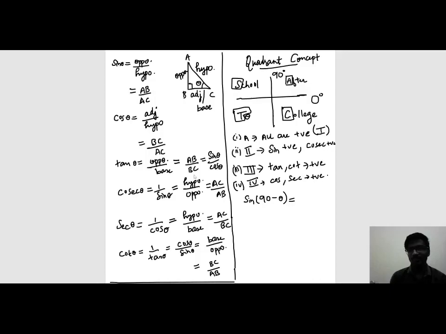So whenever an odd multiple of 90 is there, you have to take the complementary. The complementary of sine is cos. Then look where 90 minus theta will lie in our graph. It will lie in the first quadrant, because 90 is here and if you subtract theta, it will lie in the first quadrant. In the first quadrant everything is positive, so we don't have to bother about the sign. It will definitely be positive.